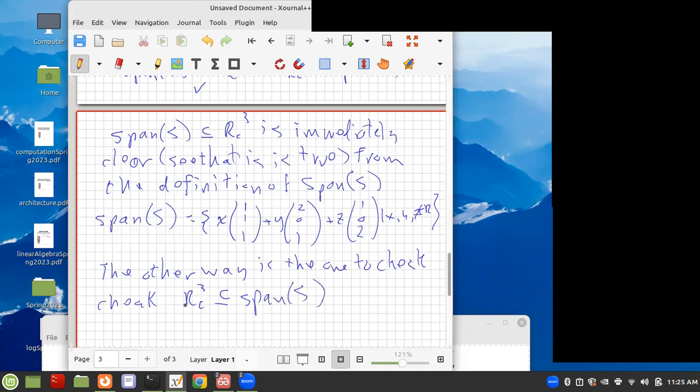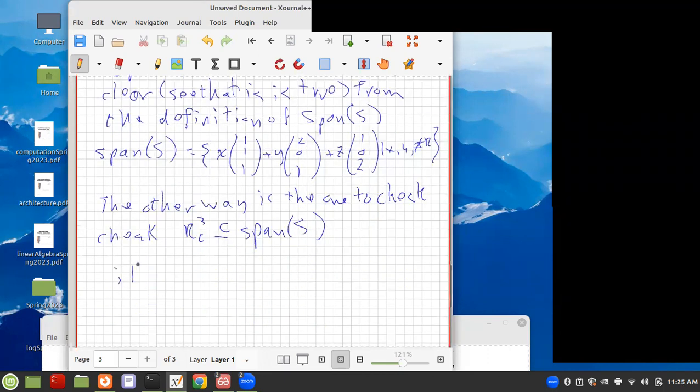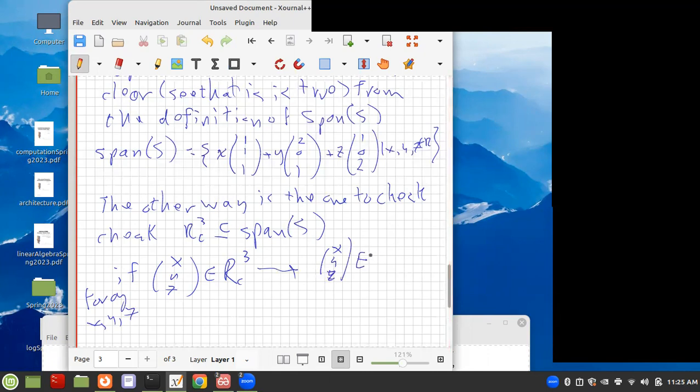What the subset means is, if (x, y, z) is a member of R3C for any x, y, and z, then it has to be that (x, y, z) is a member of the span of S. So that's what subset means.